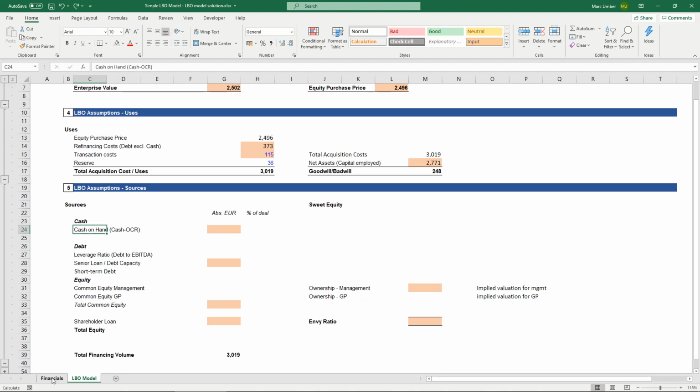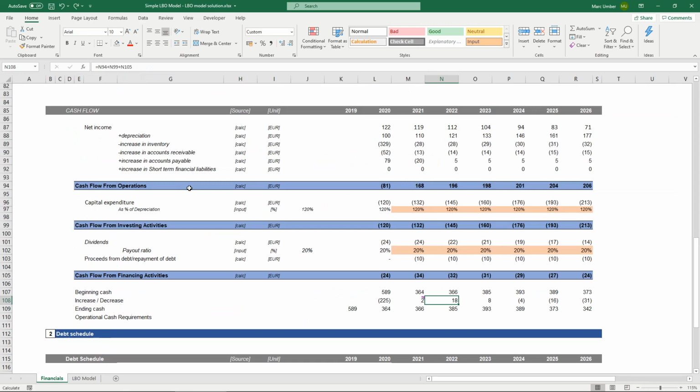So let's go over to the cash flow statement and add this line of operational cash requirement and say this company needs 50 million to run the operations.